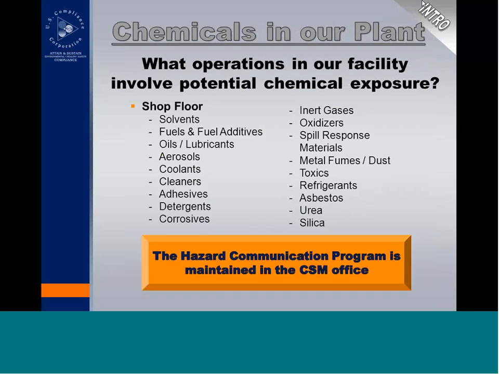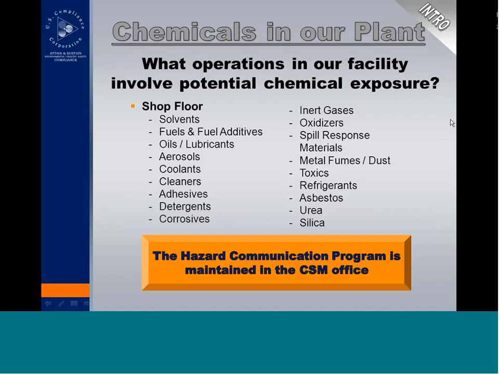Most of these are technicians on the shop floor who are exposed to a variety of different materials, including solvents, fuels and fuel additives, oils and lubricants, aerosols, coolants, cleaners, adhesives, detergents, corrosives, inert gases, oxidizers, spill response materials, metal fumes and dust, toxics, refrigerants, asbestos, urea, and silica, all common items in most W.W. Williams shops.